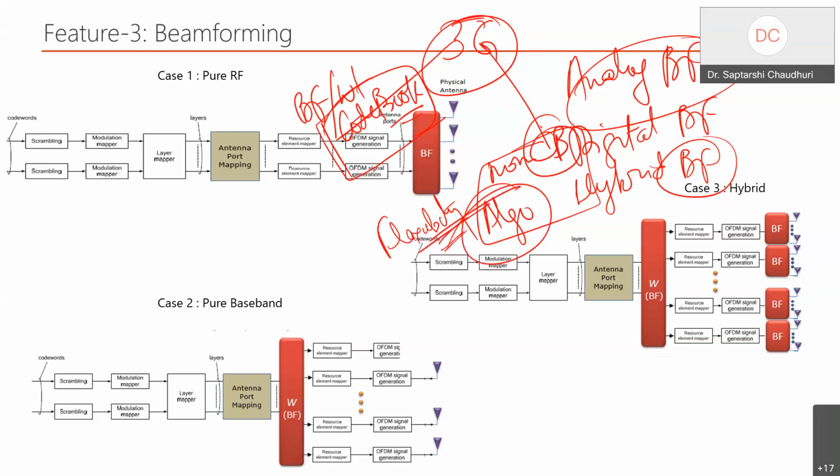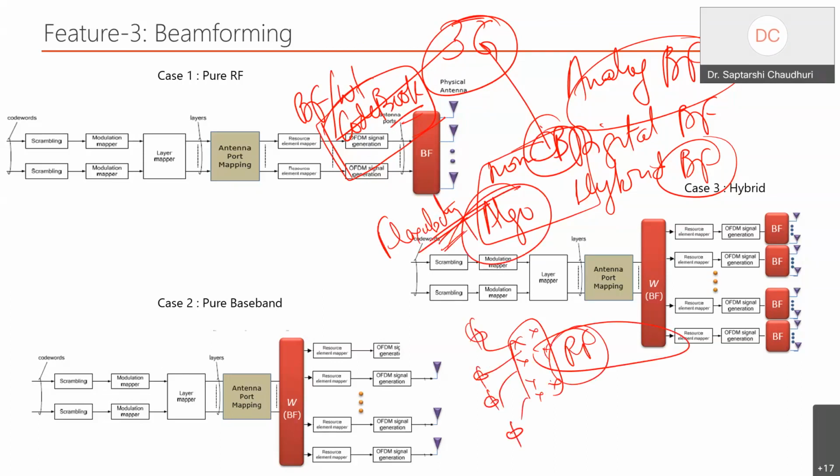Now what is a beam? I talked about that if you have an antenna, you do the transmission. But this is purely from the RF point of view. If I want to control this RF by changing my polarization and the weights of the elements, I can still statically do this with a phase shifter connected to each of these paths. So this is a well-known entity from the old days of radar.